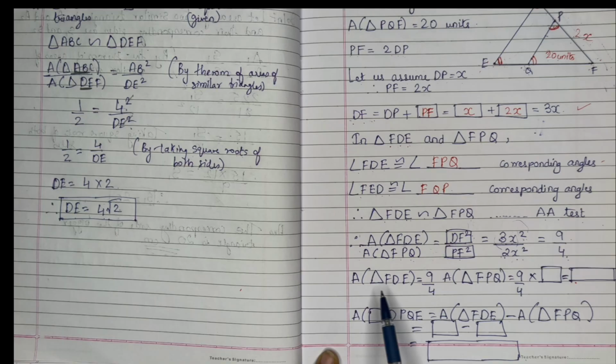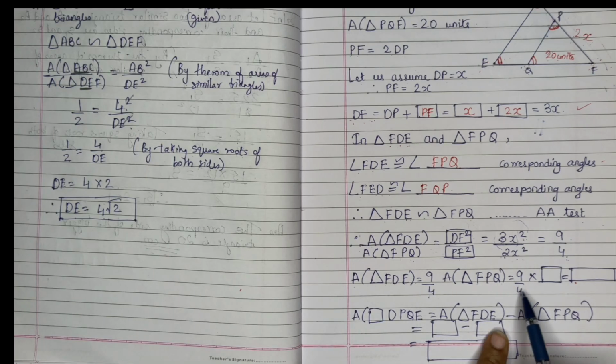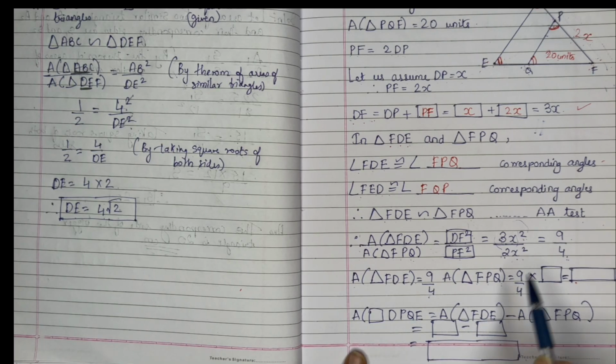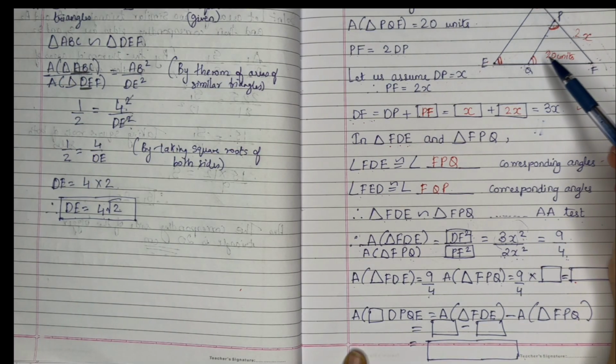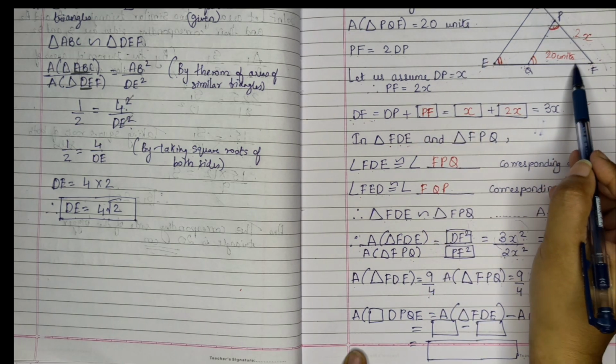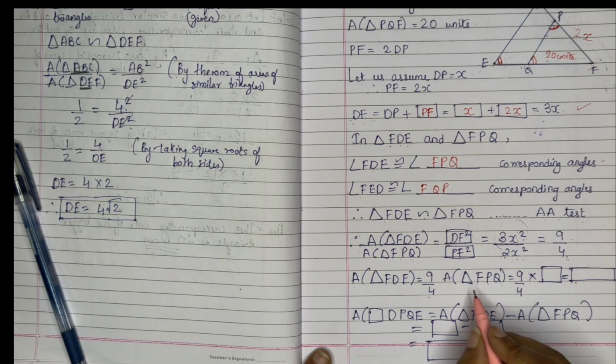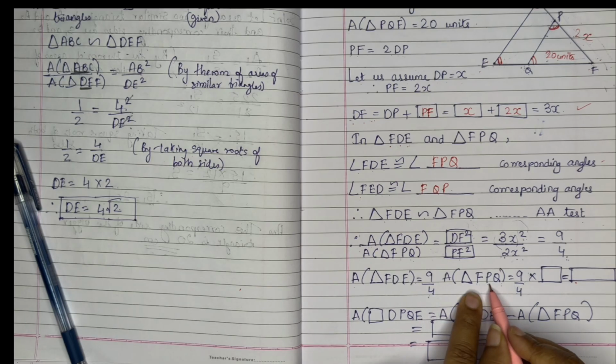Understood? Now see the next step. Area of triangle FDE is equal to 9 upon 4 into area of triangle FPQ.